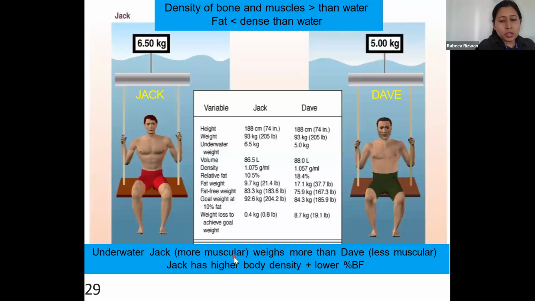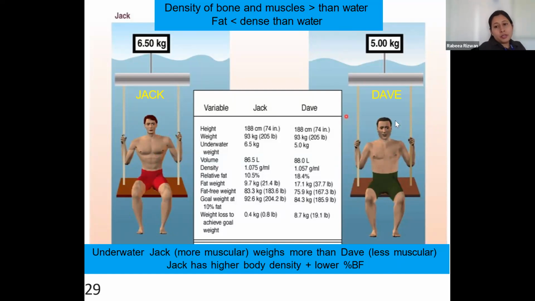Because he is more muscular, an athlete going to the gym, so his muscle mass is more in comparison to Dale. However, Dale's volume is much more because of body fat, which is unhealthy, while Jack is healthy because of his muscular part, the protein composition.